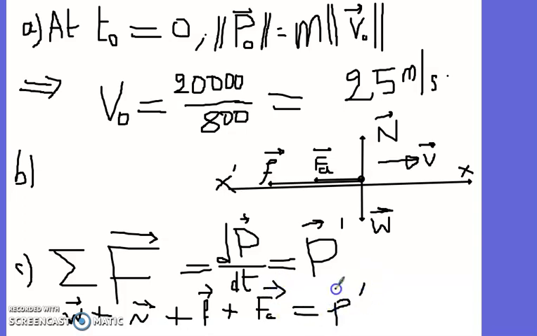But since the motion takes place on x-axis, the weight and the normal cancel each other. And we can say directly that minus friction. Why minus friction? Without a vector, you cannot replace numbers here. Be careful, because this is a vector equation. Minus F air equal P prime, which is the derivative of P. Okay?